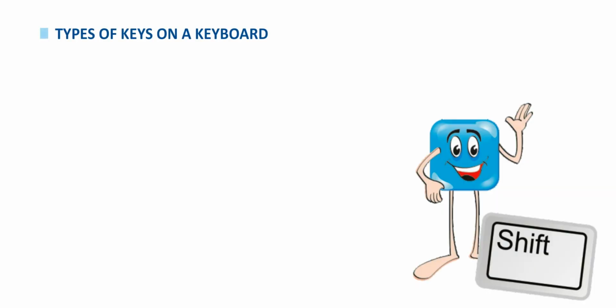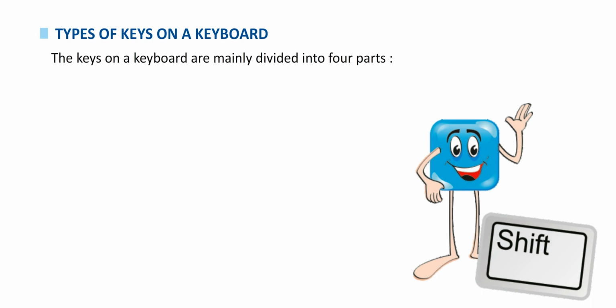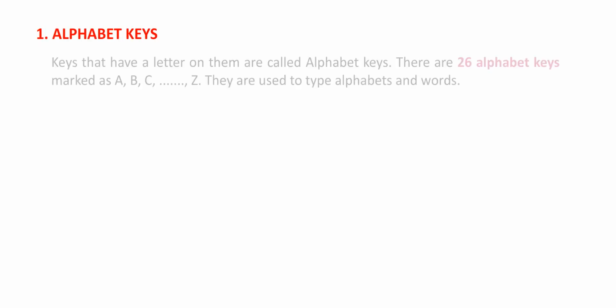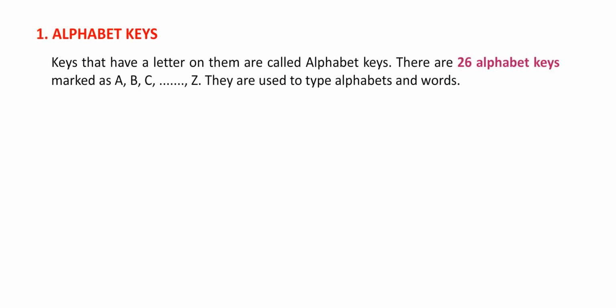Types of keys on a keyboard. There are mainly 4 parts of keys on a keyboard: alphabet keys, number or numeric keys, special keys and function keys. Alphabet keys. Keys having a letter on them are called alphabet keys.